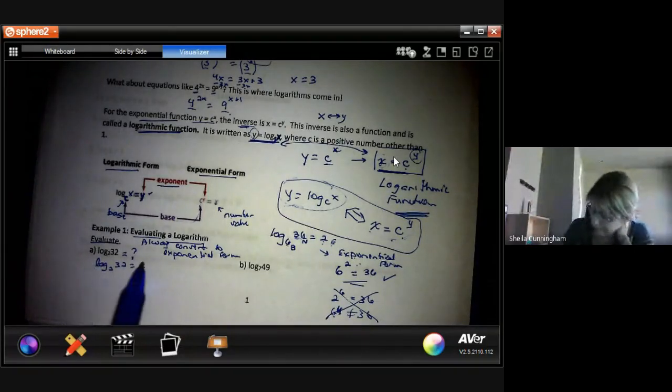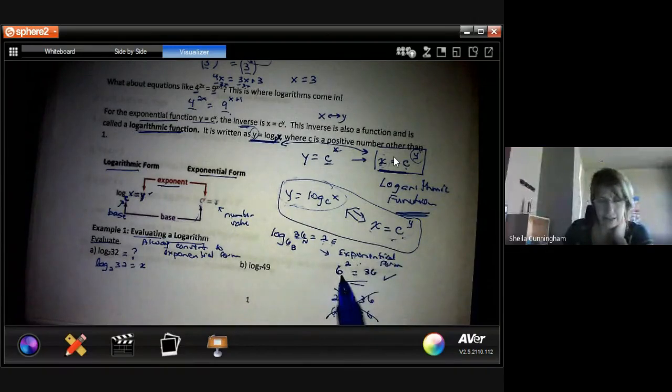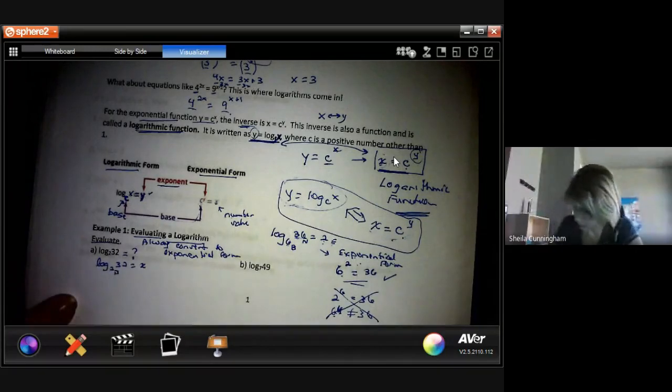So if I'm looking at this now, I've got a logarithm. I want to set this up in exponential form in order for me to evaluate it. So I have to think to myself, okay, if I'm setting it up in exponential form, I need to know what my base is for this particular question. I hope you're seeing that the 2 is your base.